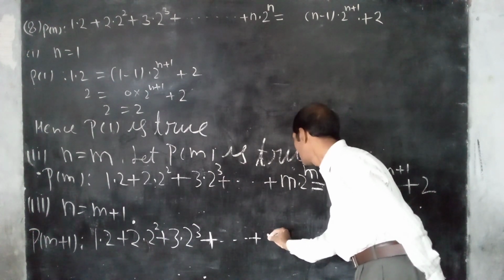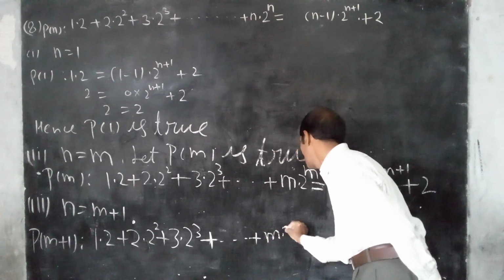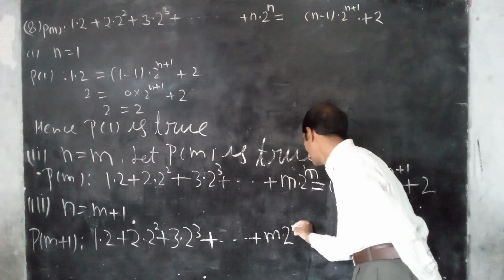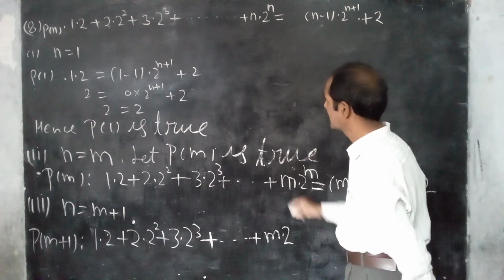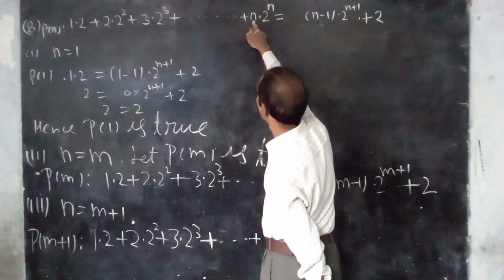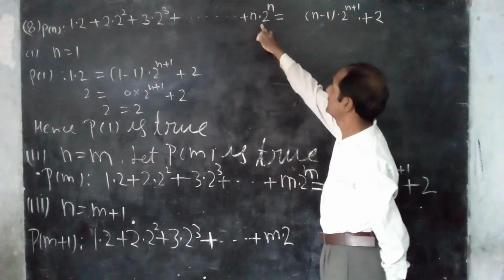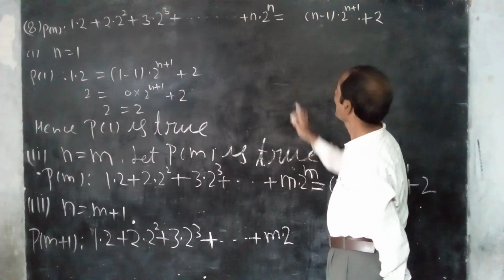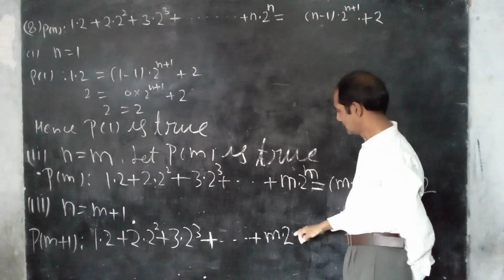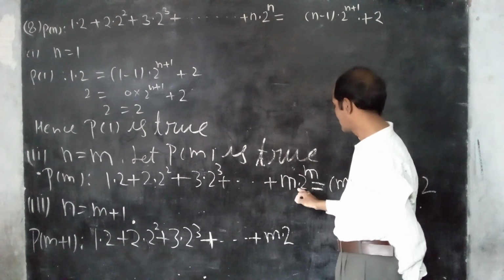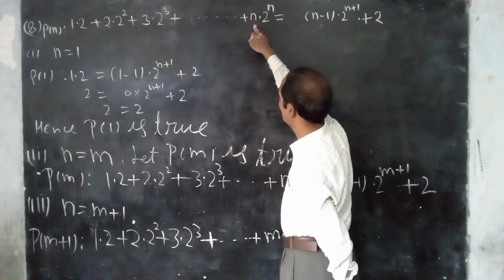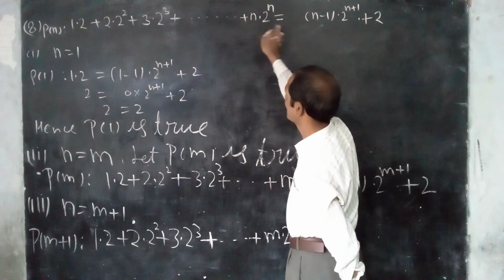So when we replace n by m plus 1, in this equation n is replaced by m, and when you replace n by m plus 1, then you get one more term.